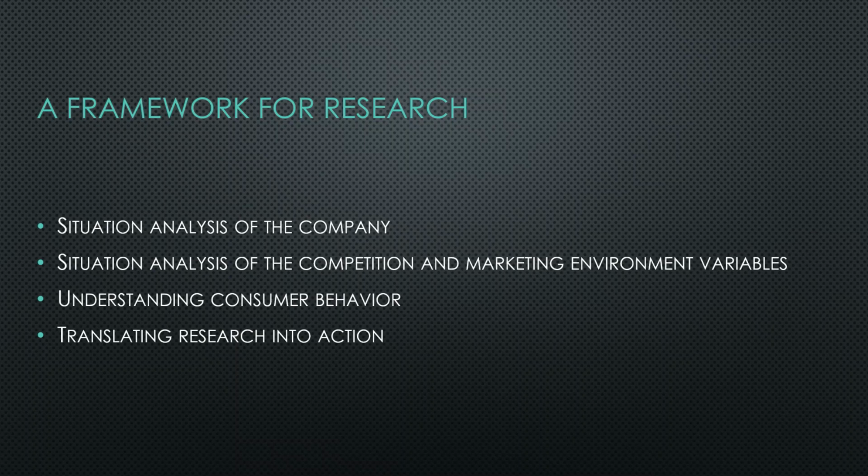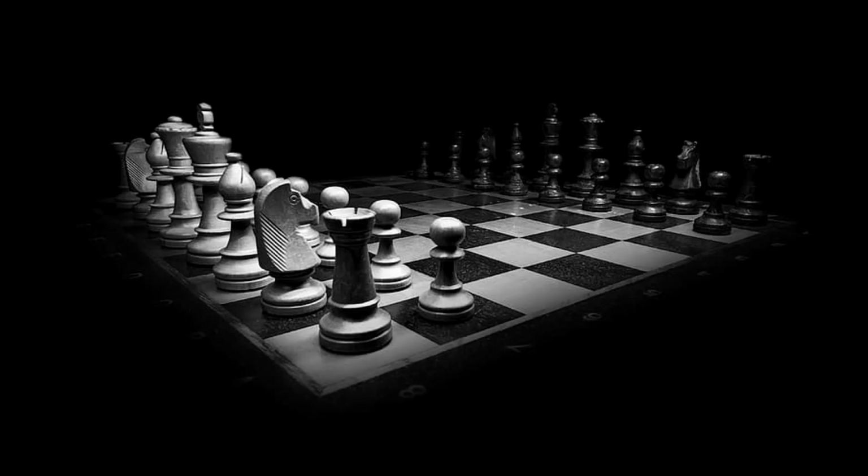So let's get into that second part, doing a situation analysis of the competition and understanding some of those marketing environment variables. So when it comes to competition, we touched on some of this in the last video. You've got a company like Coke. They're doing a lot of marketing still, even though everyone knows what Coca-Cola is. Everybody's pretty much got an opinion about it, but they continue to do that because there is real competition in their world.